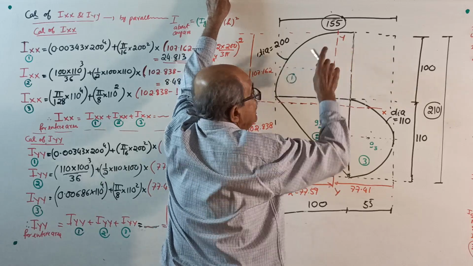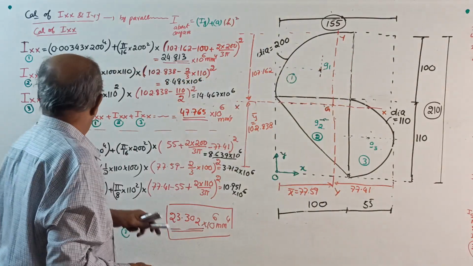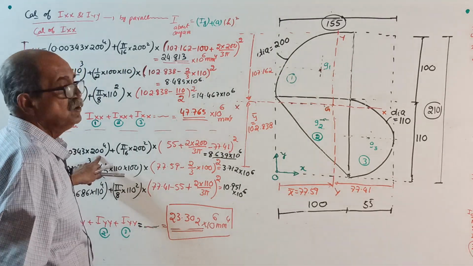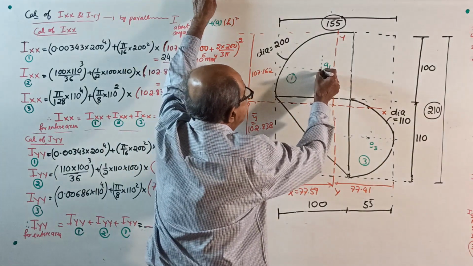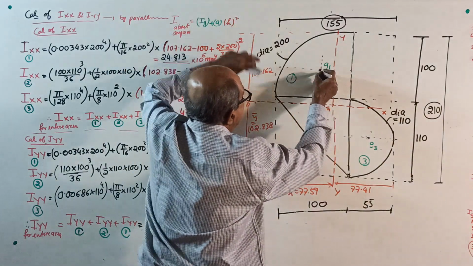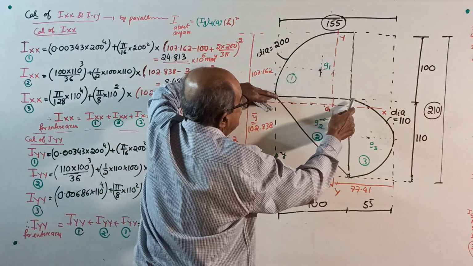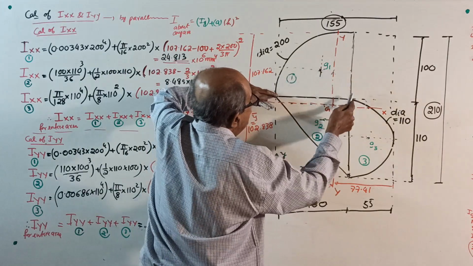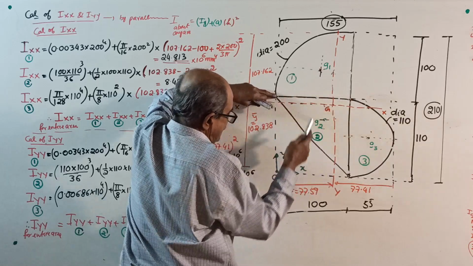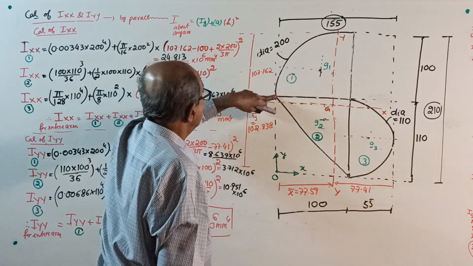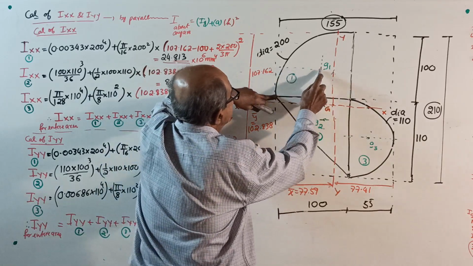This is once again a quadrant. 0.00343 into 200 power 4 plus area into this distance square. Again a problem, see here. We want this distance square from here to here. From here to here is 77.59 minus this distance.